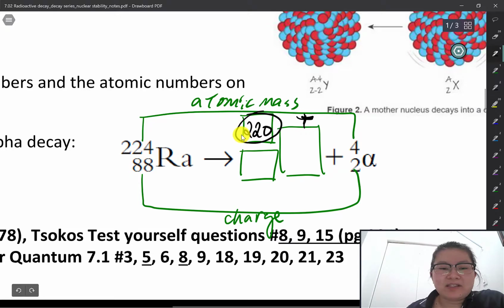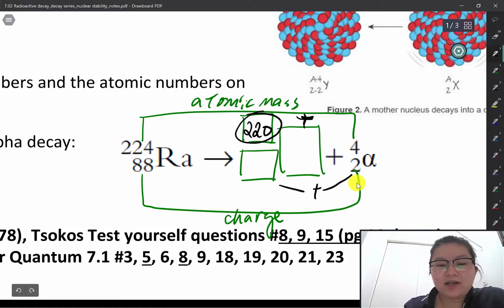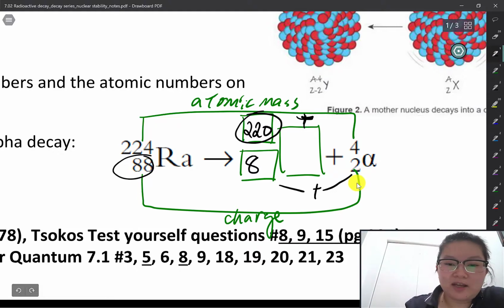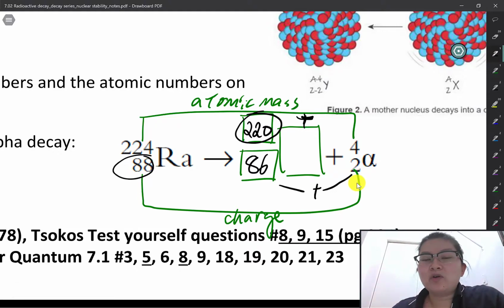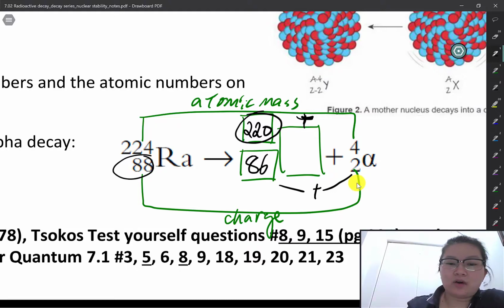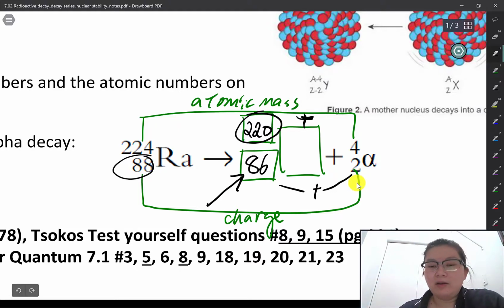The bottom one could be the second one. So again, since this is the only product for an alpha decay, this 2 plus some other number here is going to give us 88. So you subtract 2 from 88, and that gives you 86. And what's going to help you determine the element is, of course, your atomic number.